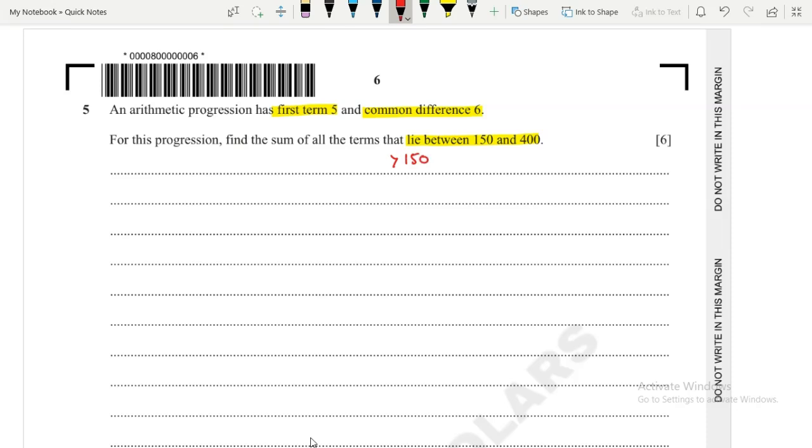So the formula is a plus n minus 1 into d. The a is 5 plus n minus 1 into 6 is greater than 150. This becomes 5 plus 6n minus 6 is greater than 150, and 5 minus 6 becomes minus 1, so 6n is greater than 151.